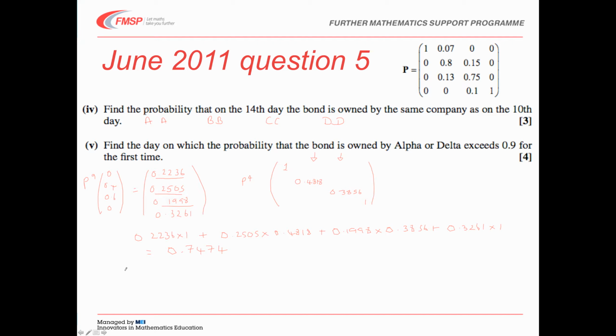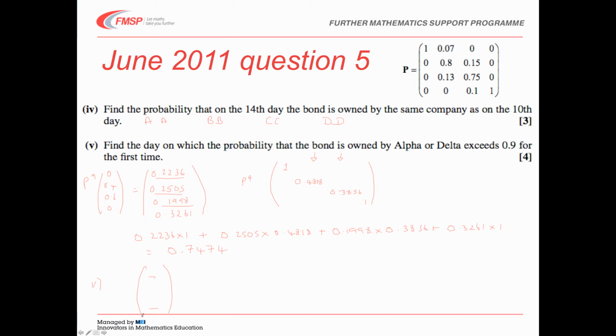For part 5, find the day on which the probability that the bond is owned by alpha or delta exceeds 0.9 for the first time, alpha or delta. So what that means is that we need the 2 probabilities here to add up to more than 0.9.